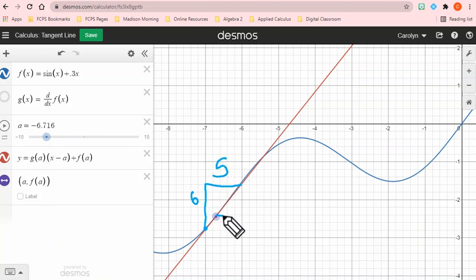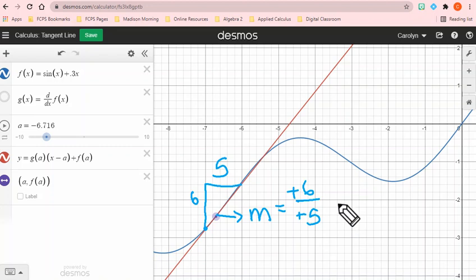So the slope at this spot, notice that I counted dots on the red line, is positive 6 over positive 5. So the slope of this tangent line is 6 over 5.